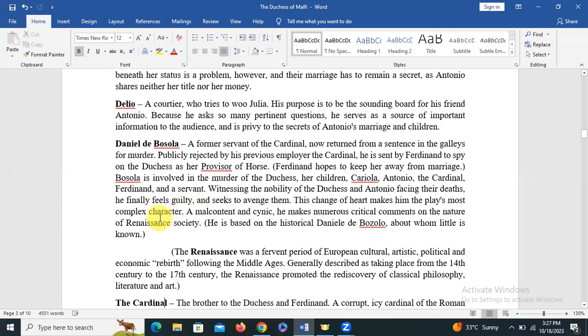So he was showing some kind of sympathy, behaving like a positive person. A malcontent and cynic, he makes numerous critical comments on the nature of Renaissance society, right?